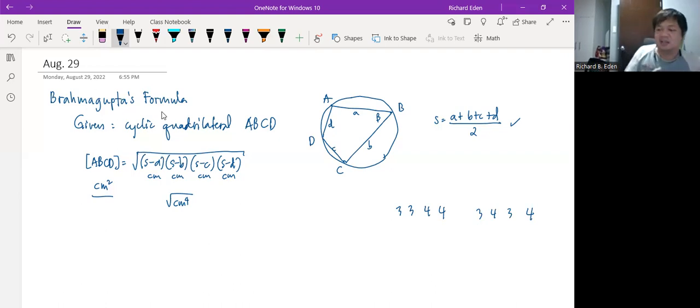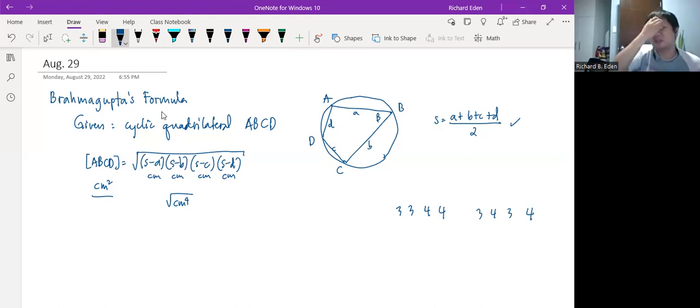Kasi I think he was wondering, kapag ibigay ba natin ng lengths na 3, 3, 4, 4, not necessarily in that order, does it mean isa lang ang mabubuo nating cyclic quadrilateral? And in response to that, hindi lang isang cyclic quadrilateral ang mabubuo.